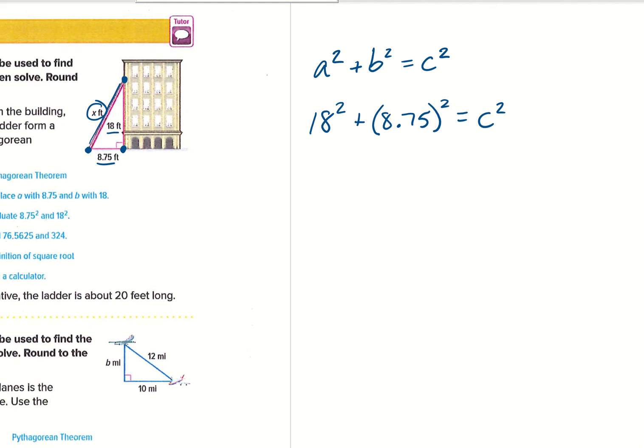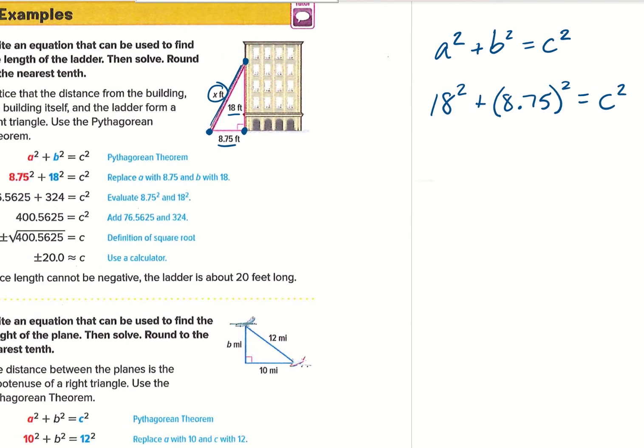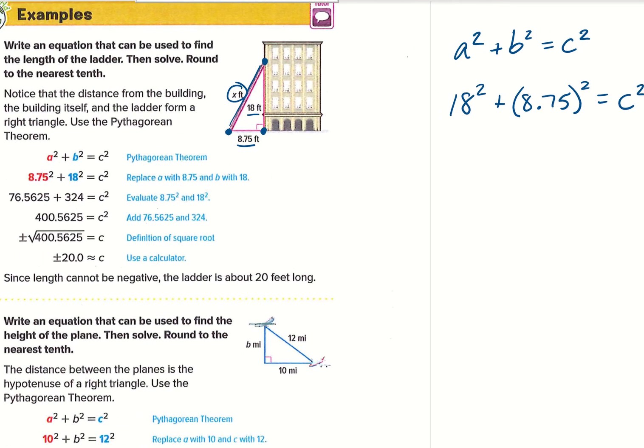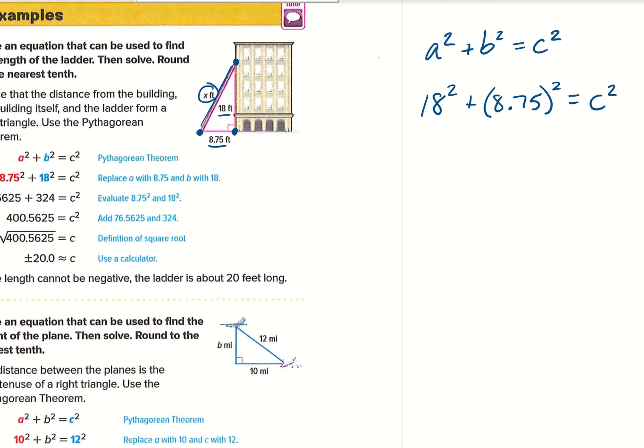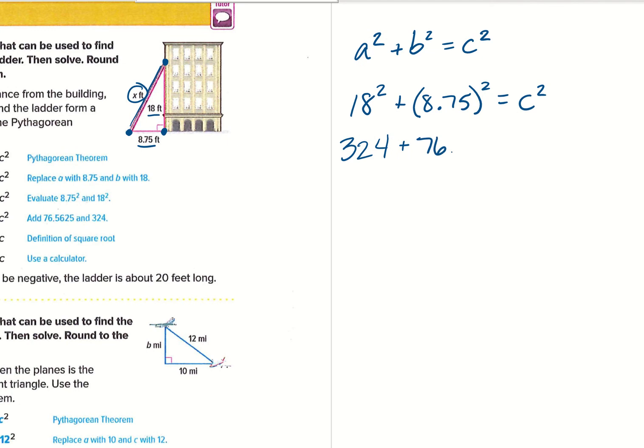My next step is just to simplify both of those, 8.75 squared and 18 squared. I don't know those, which is why I'm looking at what the book has. We've got 324 plus 76.5625 equals c squared.